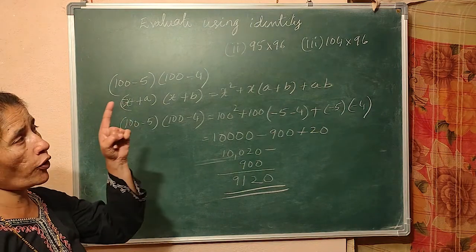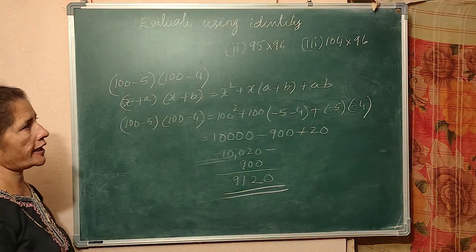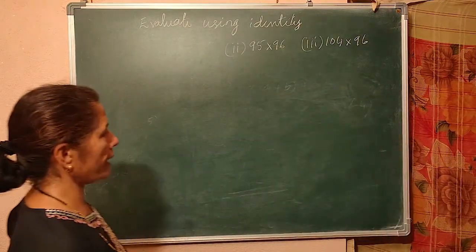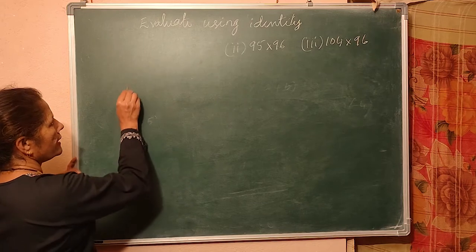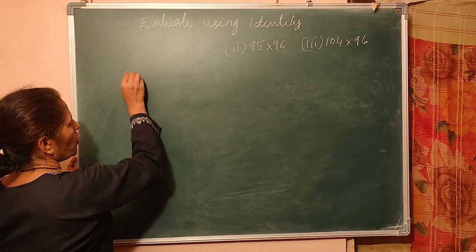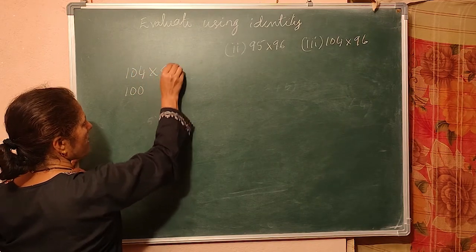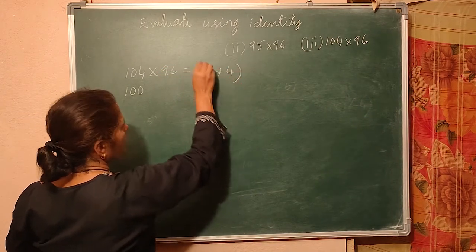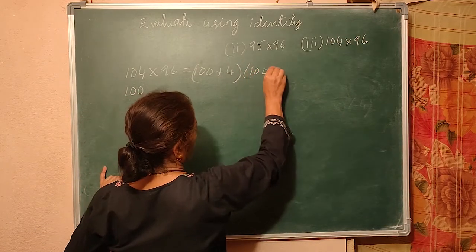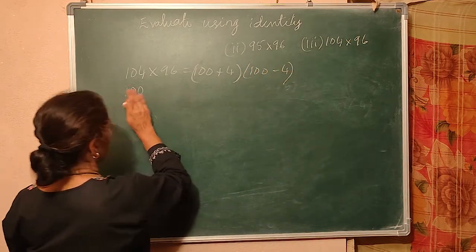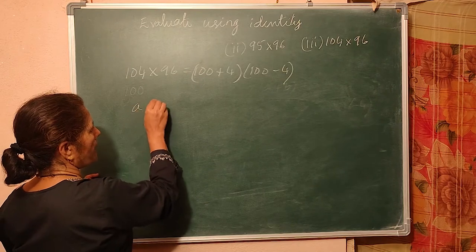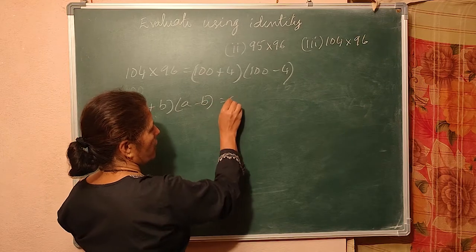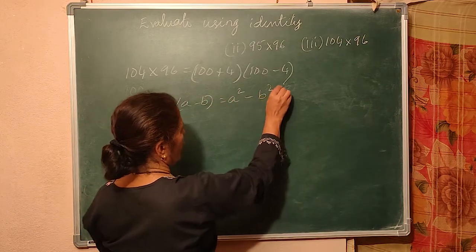Last one, 104 into 96. How can you do 104 into 96? I think I can do 104 into 96 as 100 plus 4 into 100 minus 4. Am I right? So, it is in the form of A plus B into A minus B is equal to A square minus B square.